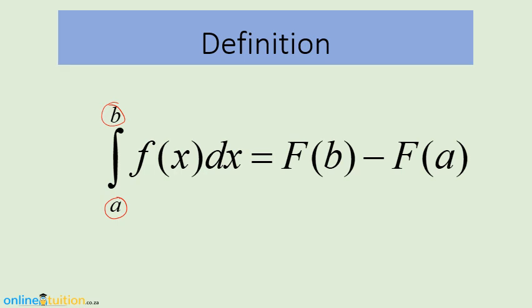So a, b are the bounds, and the way we read this, looking at the left hand side, is: the integral from a to b of f of x dx.